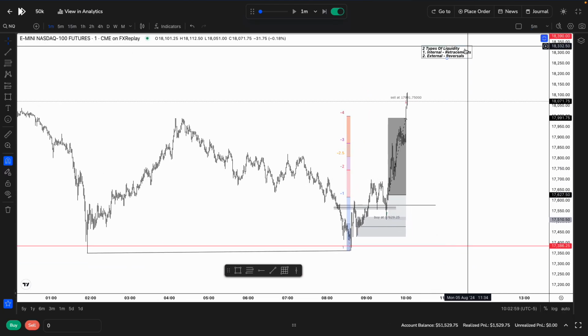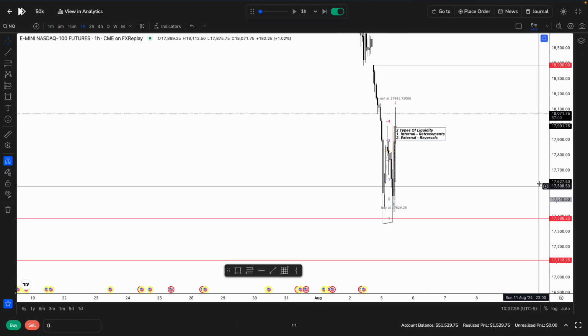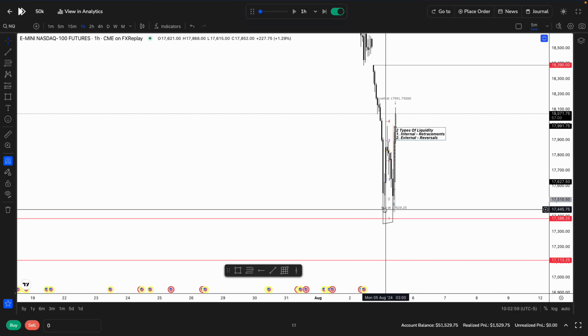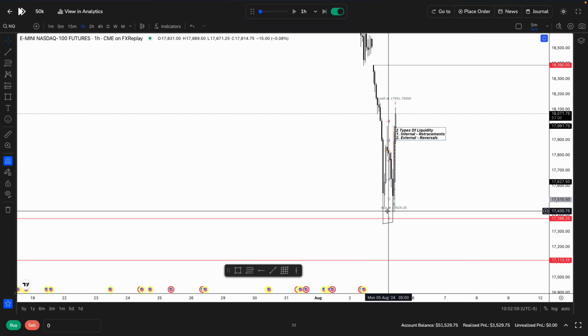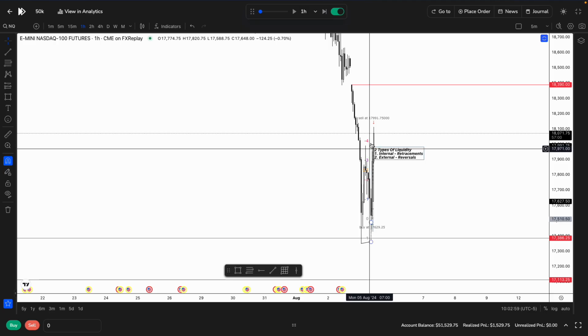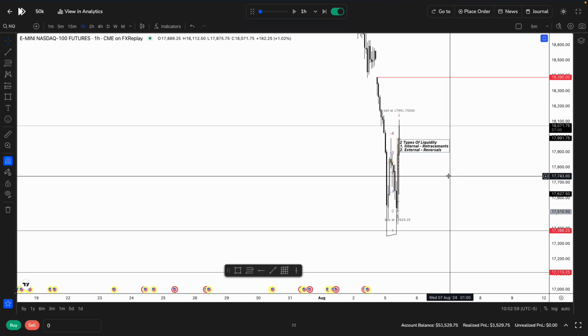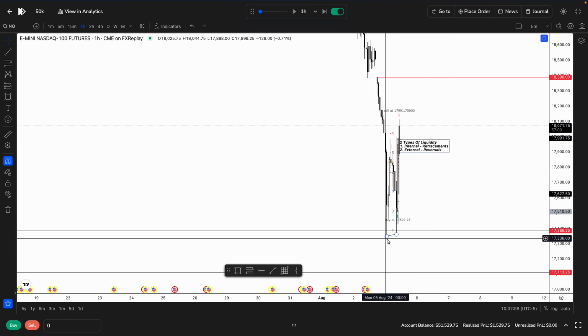Okay, so if we look at this example, this is an external low here. This would be an internal low, internal high, but obviously we've opened and dropped lower. So we've taken out an external low.